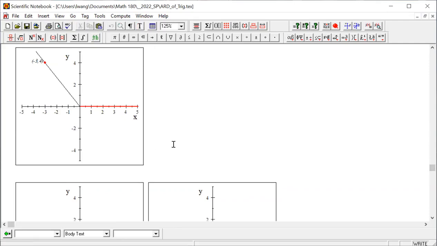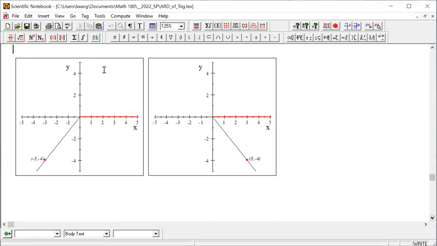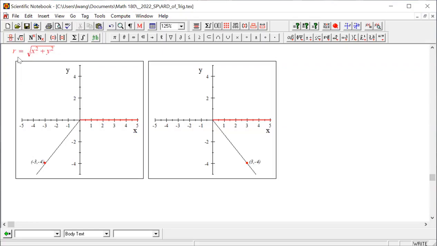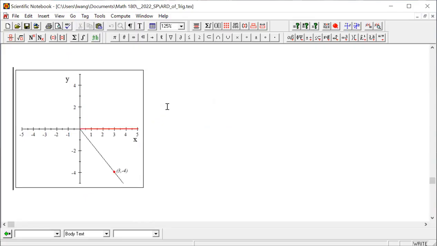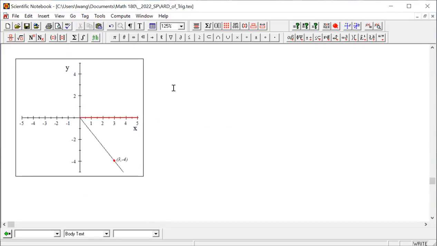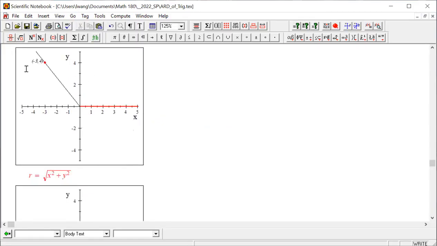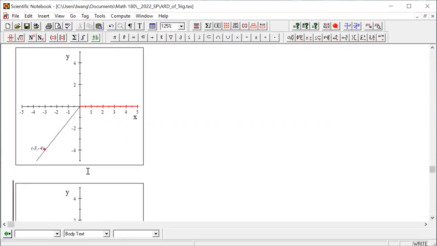So now let's look at this angle. This angle terminates in the third quadrant, right here. Let me just move it up right here.